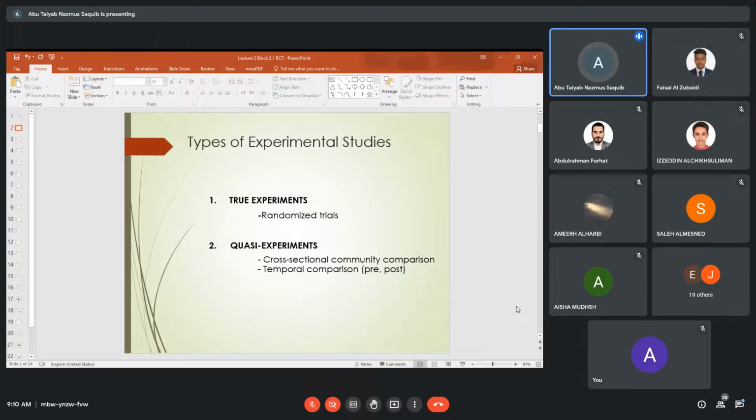In the first example, where you did a pre and post, you didn't have any control group. No control, so it's not a true study. Whether it is an observational study or an experimental study, you need to have a control group. A control group is like a mirror. If you want to look at yourself, you need to stand in front of the mirror.